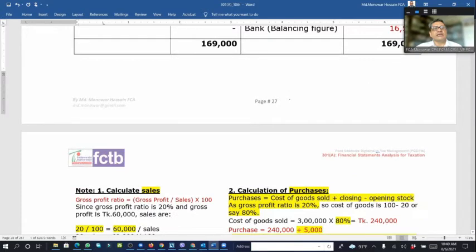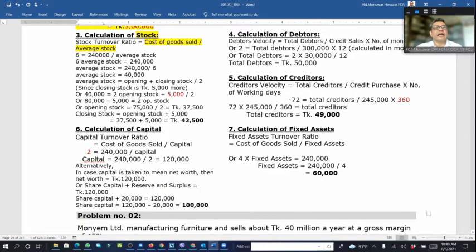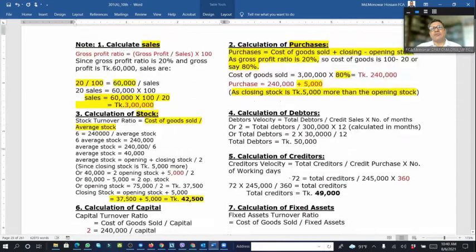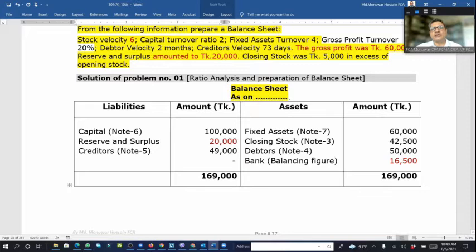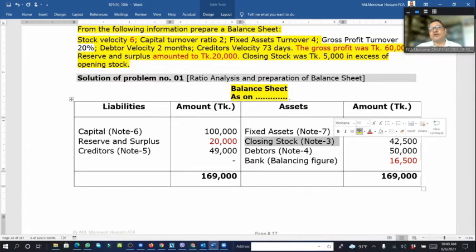If we put 6 and cost of goods sold divided by average stock, then after calculating everything we will get the closing stock of 42,500. That closing stock amount goes in our balance sheet item also. So this is the closing stock as calculated in note 3, here 42,500.